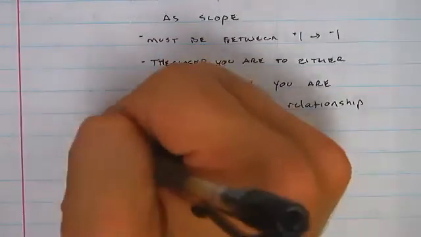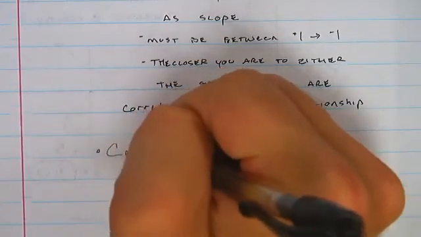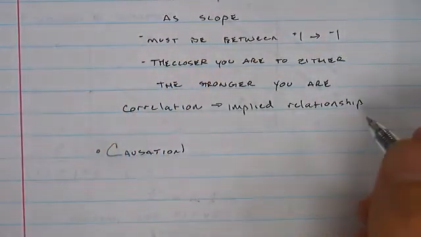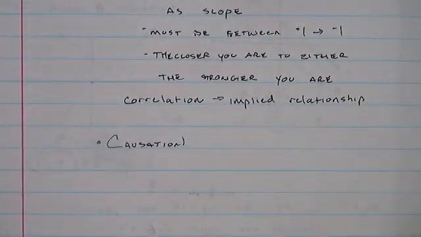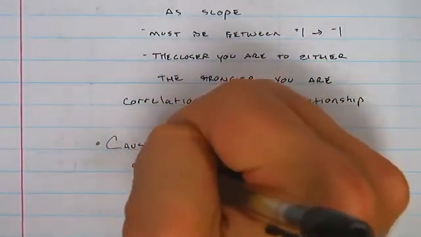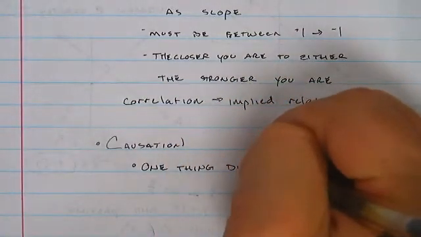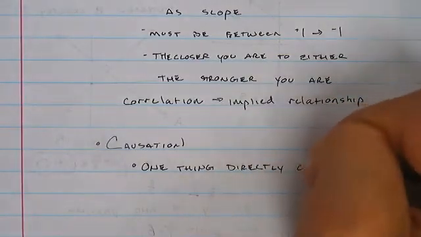On the flip side, the other thing we introduced in this unit was causation. And causation, we don't calculate. Causation is based on data being collected and analyzed over long periods of time, or lots and lots of data being collected to a point where you can say one thing directly causes another.